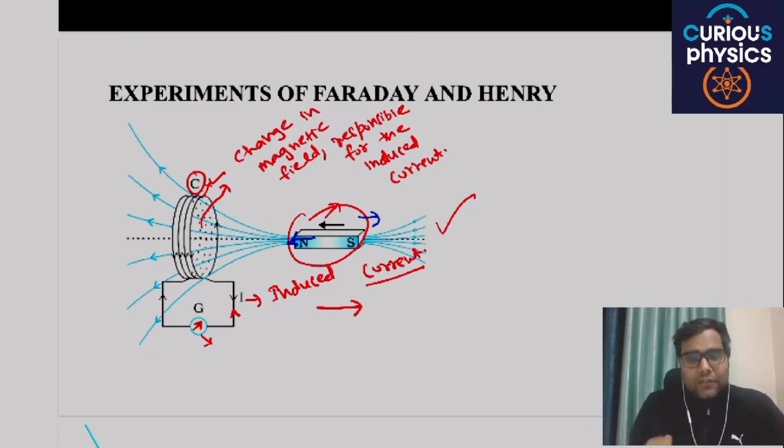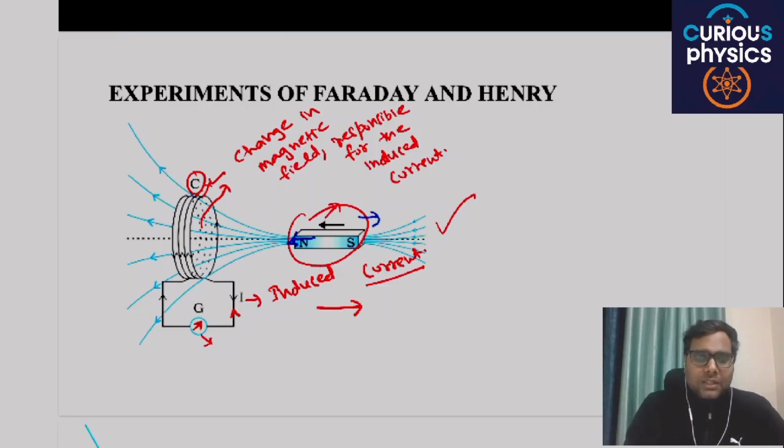In that case, if the magnet is moving away from this coil, the current will flow in the clockwise direction. That will produce a magnetic field in this direction. This means the current will be produced in such a way that it opposes the change in magnetic flux.